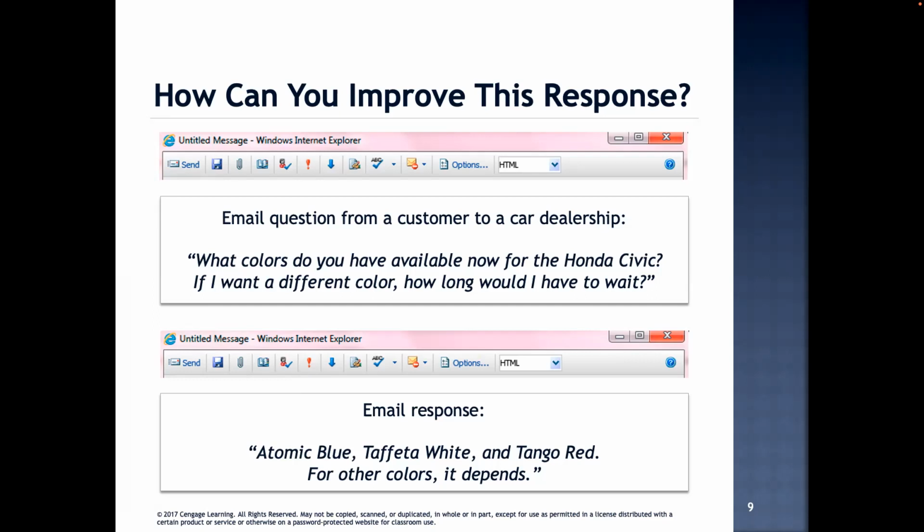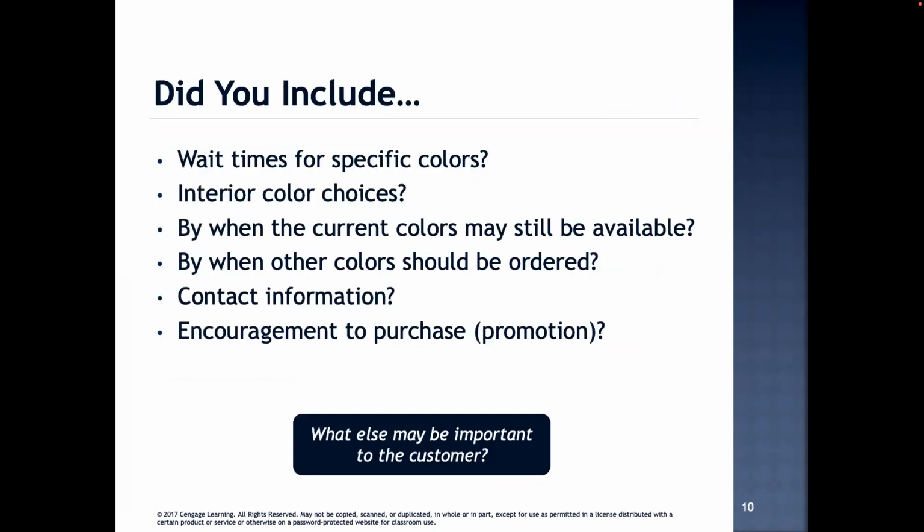Yeah, Grace. Say something along the lines, hello, thank you for choosing our dealership. Right. If I got an email like that, it's like, okay, well, they obviously don't want to talk to me, right? Which is pretty uncommon for a car dealership. So some other things we can do, some things you guys said, wait times for specific colors.